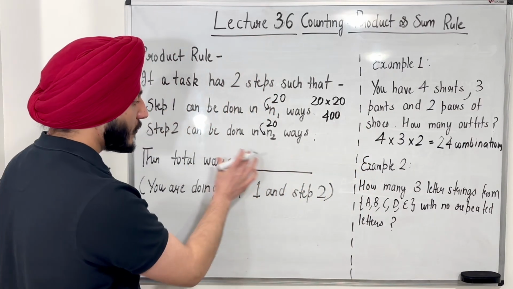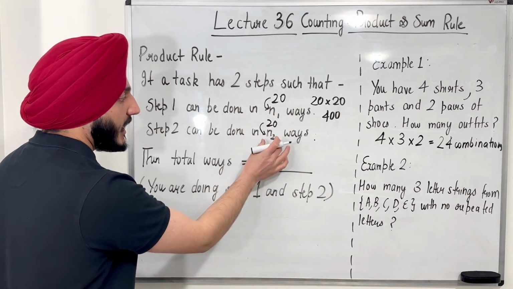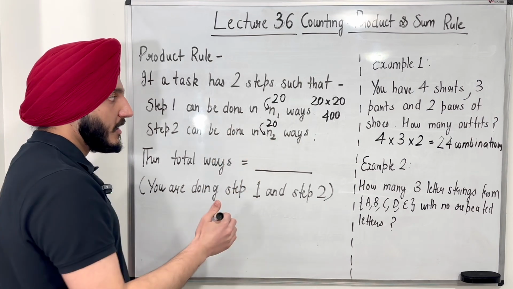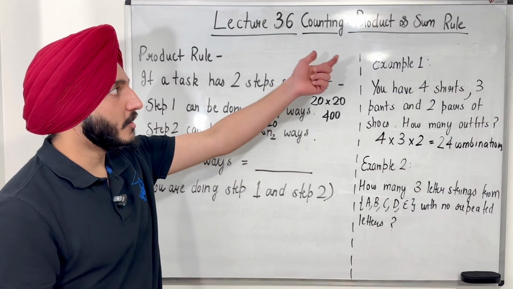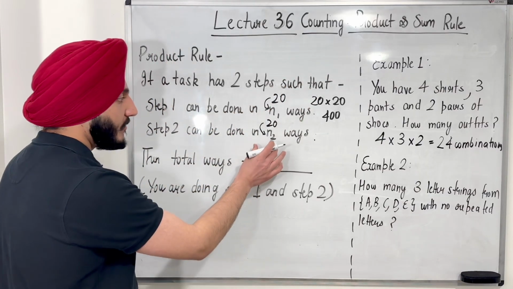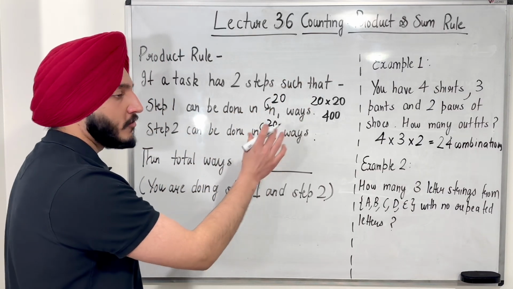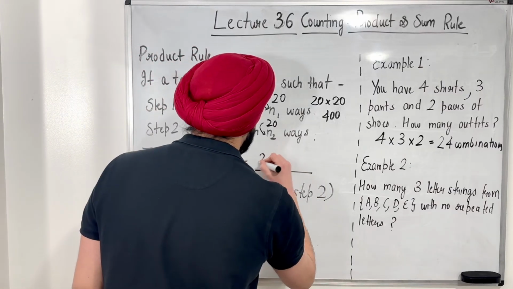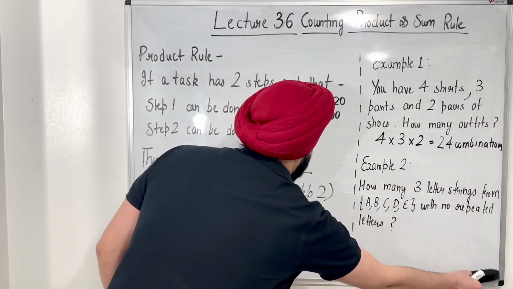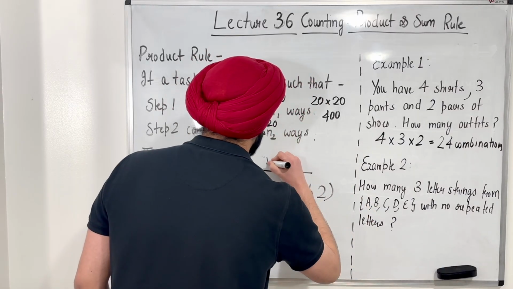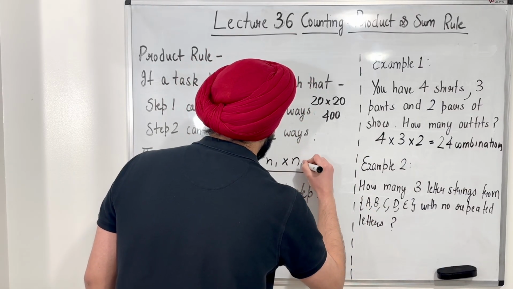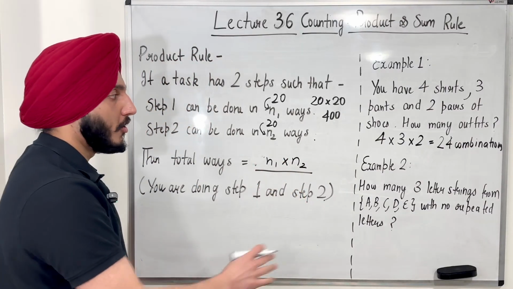So the answer to this question, right, if you have n1 ways for step 1 and n2 ways for step 2, and we need to do both steps, right? That's the important part of the product rule. So if I have n1 and I also have to do n2, I would have n1 multiplied by n2, and that would be my product rule, right?